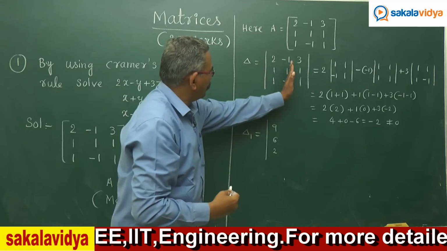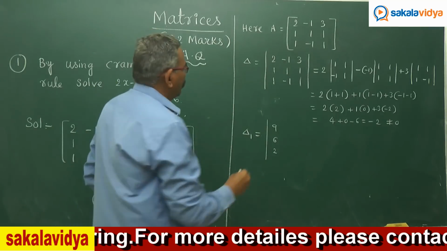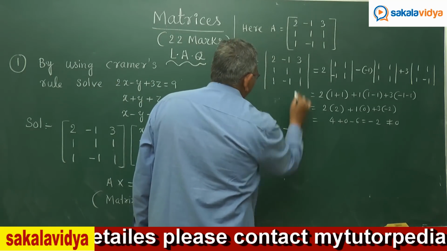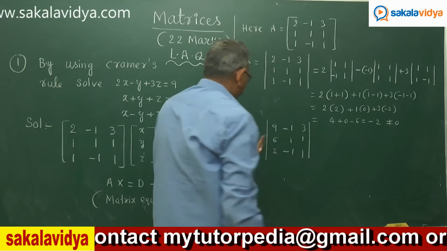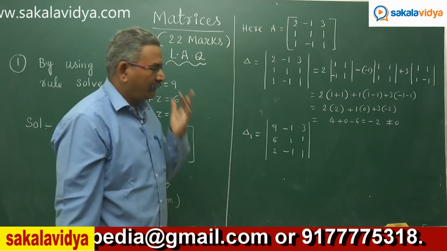You keep C2 and C3 constant, you need not change them: minus 1, 1, minus 1, 3, 1, 1. Let it be expanded using row 1 to get delta 1.